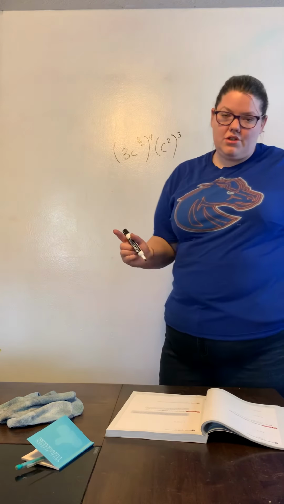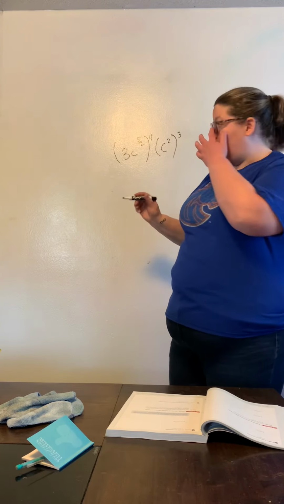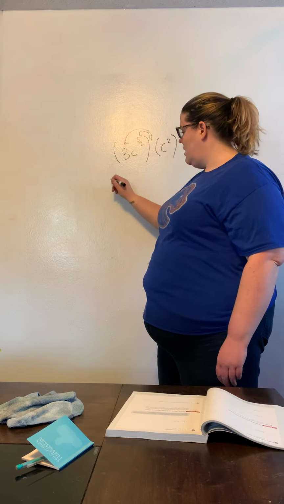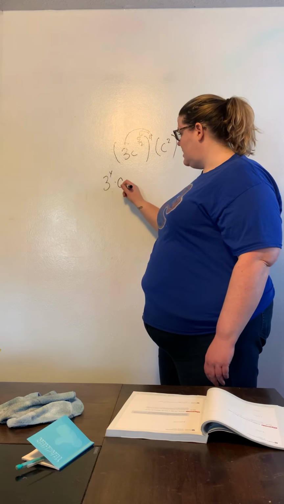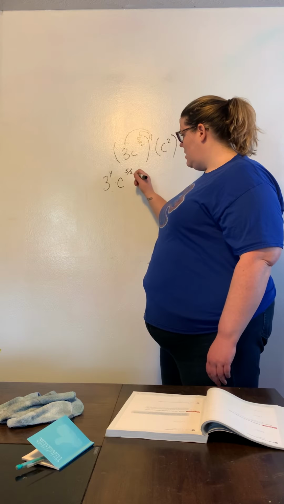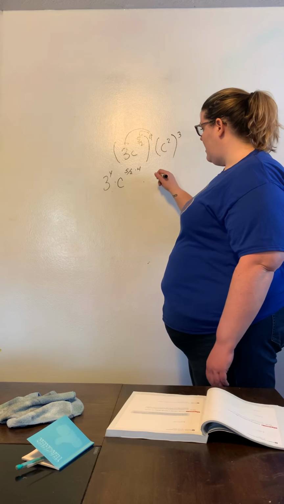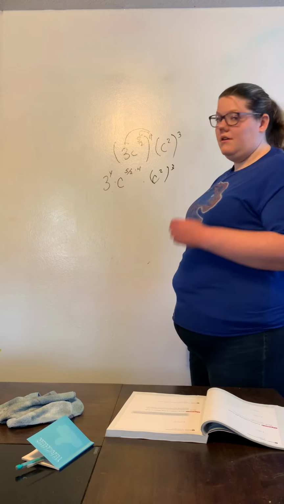So now we're going to do this in 2 different steps. I'm going to start with this guy, and then we'll go to that one. So I'm going to use my power for both parts. So this is going to be 3 to the 4th times c to the 5/2 times 4. And then we still have one of these over here.